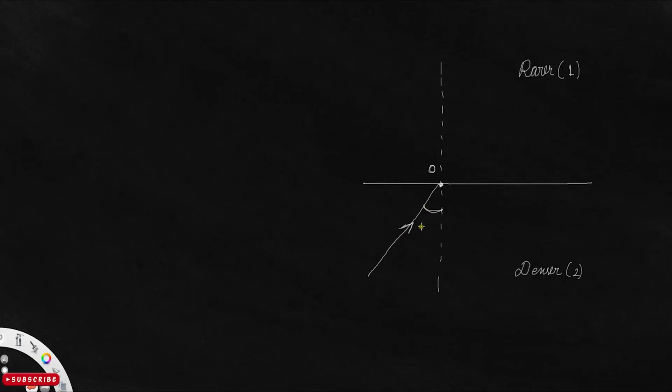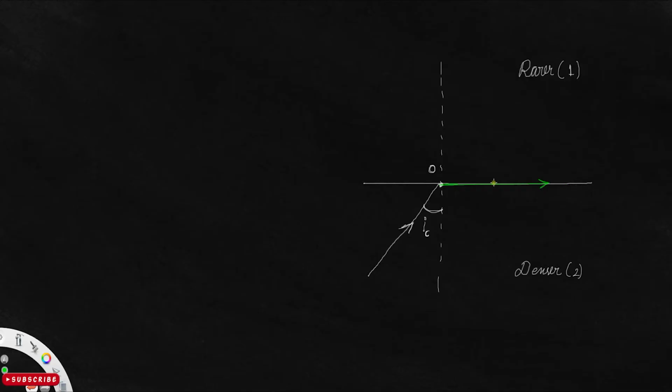Now at a particular angle of incidence, that is at the critical angle, we usually mark it as IC. We can see that the refracted ray travels along the interface between these two media.